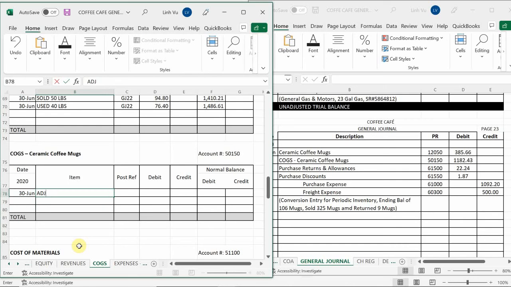This is an adjustment. Sold 325 mugs for a total of 1,182.43.